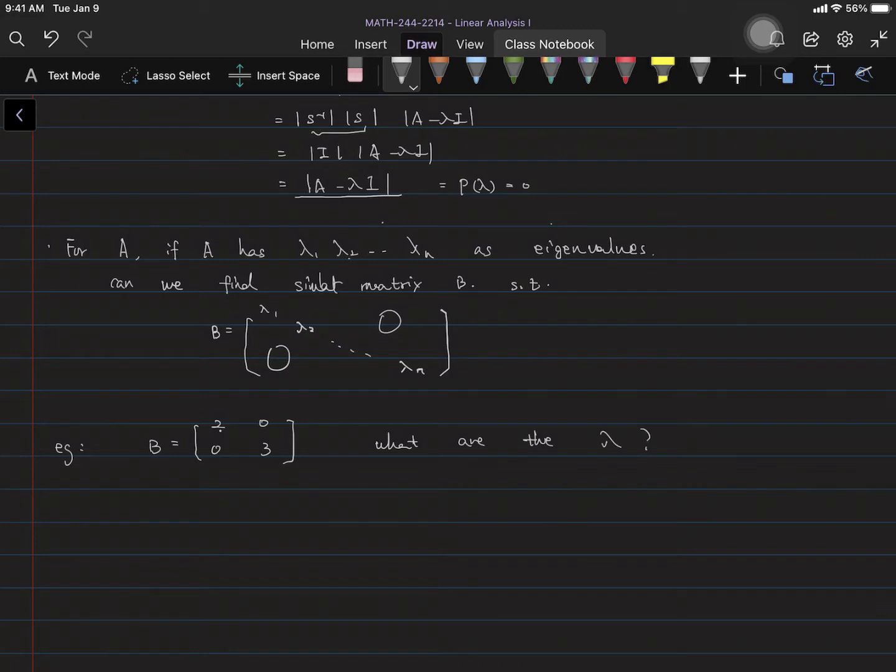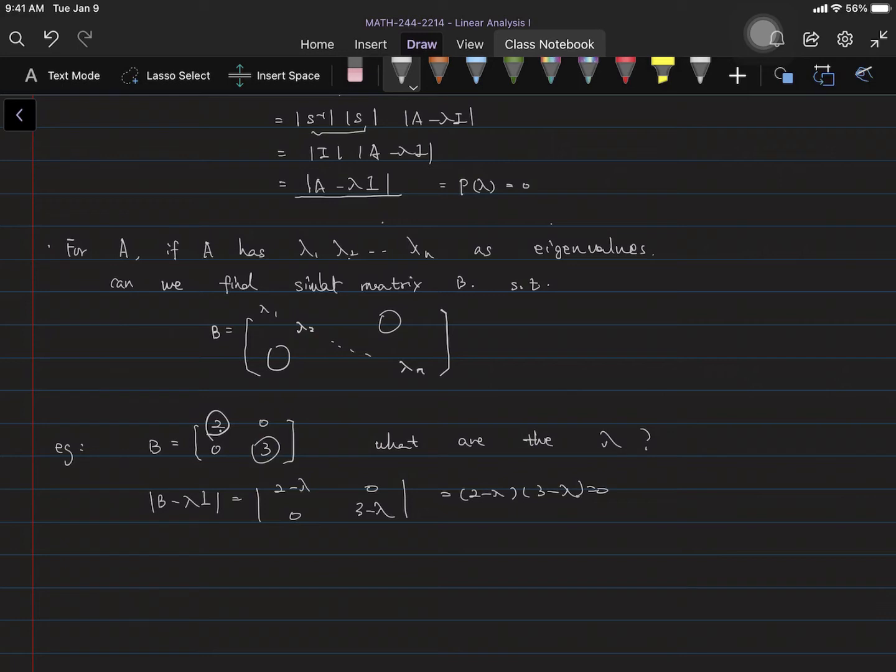The eigenvalues are just 2 and 3, because this is just 2 minus lambda, 3 minus lambda equals 0. So 2 and 3 are the eigenvalues, right?